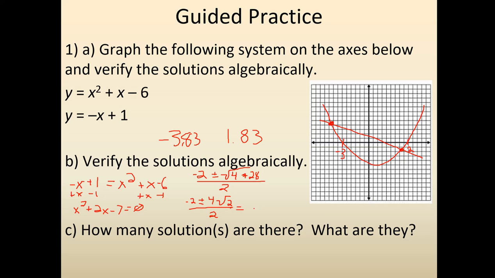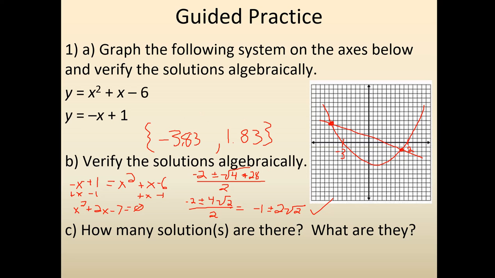So this can be rewritten as negative 1 plus or minus 2 rad 2. If you plug this in, you do negative 1 plus 2 rad 2 and negative 1 minus 2 rad 2, and you'll end up getting these same numbers. So this also verifies the solution.